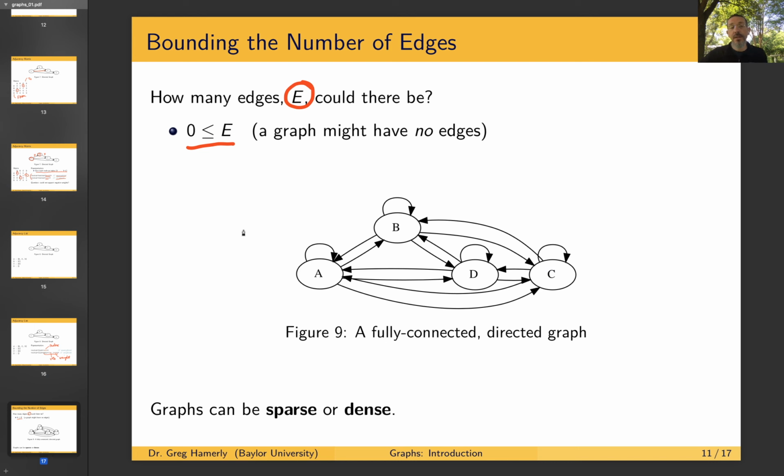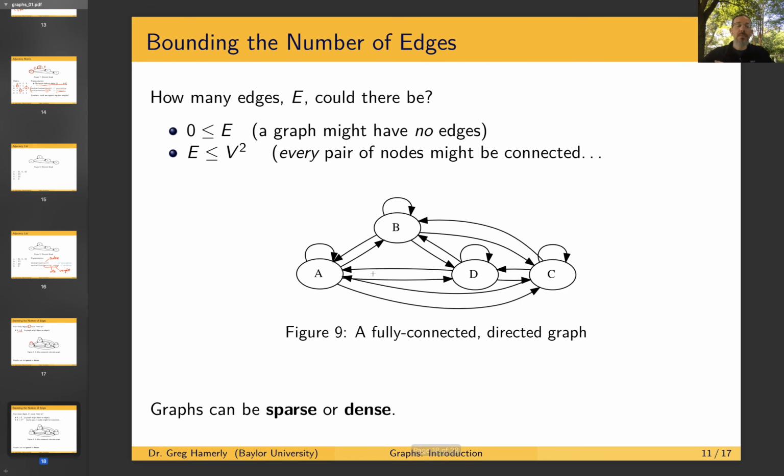For a hint, take a look at this fully connected directed graph. Every vertex, all of the 4 vertices, has a connection not only to itself, but also to every other vertex in the graph and an incoming edge. So that gives you a hint that the number of total edges in a fully connected directed graph is V squared. So we now have a bound on E, that E is a value between 0 and V squared.